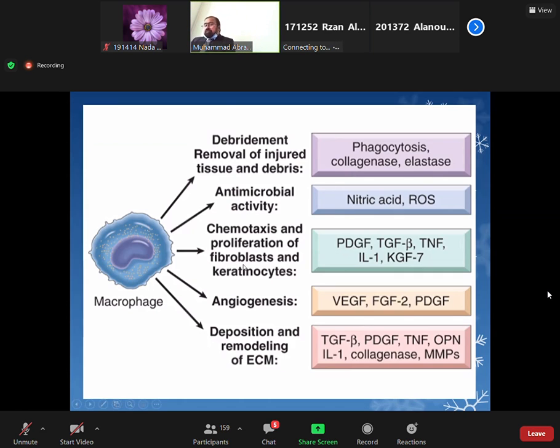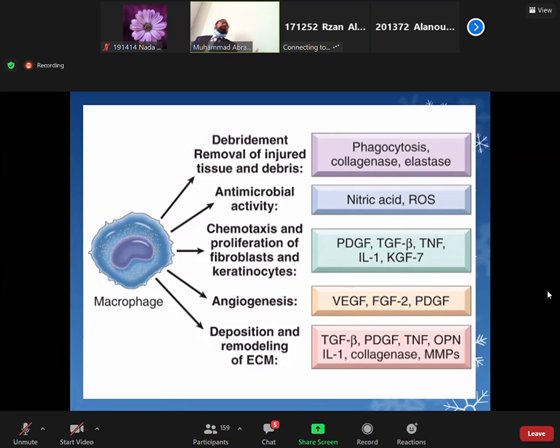Chemotaxis and proliferation of fibroblasts and keratinocytes by growth factors like PDGF, transforming growth factor beta, tumor necrosis factor, interleukin 1, and keratinocyte growth factor 7. Angiogenesis is done by VEGF, FGF2, which is also called basic fibroblast growth factor, and also platelet-derived growth factor.